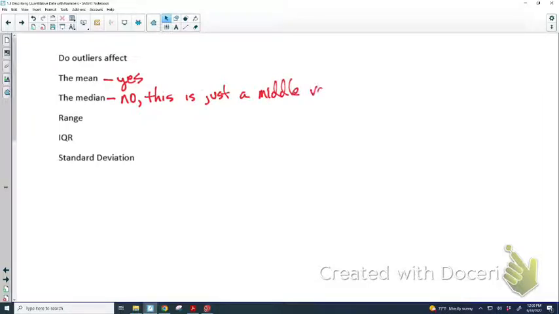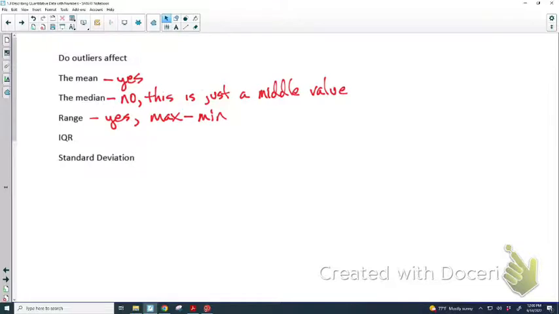We do not care about the extremes of a data set for the median. The range, yeah, because it is the max minus min. So if you have a huge number or a tiny, tiny number, that is greatly going to affect the range. I would say it's directly affected by the outliers, potential outliers.